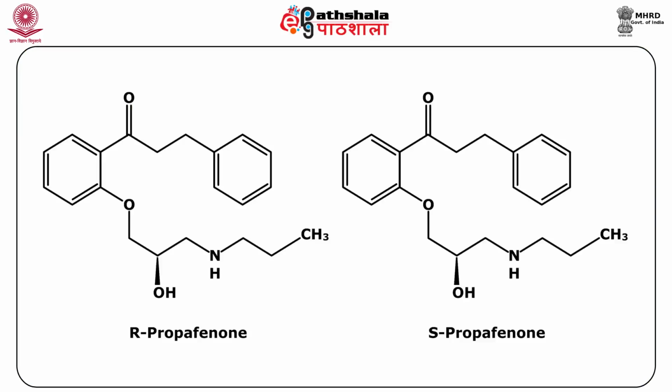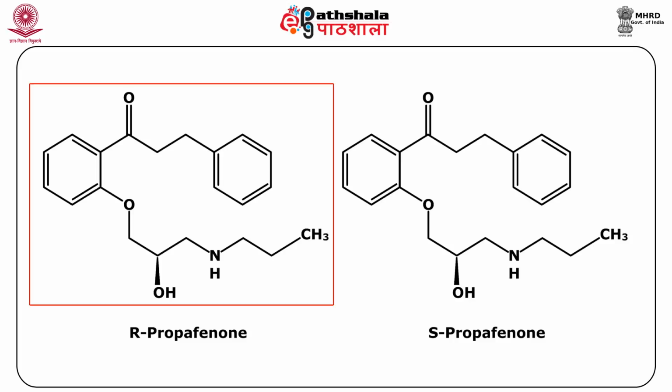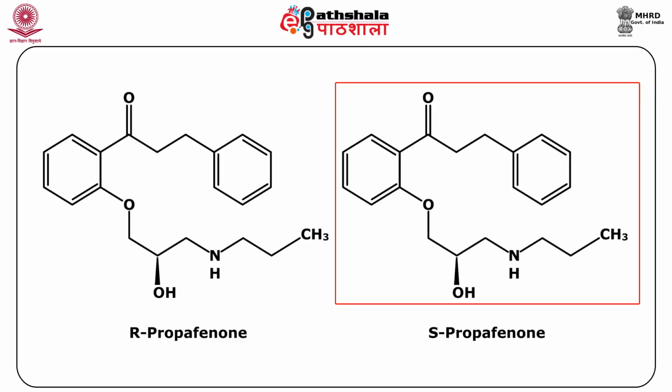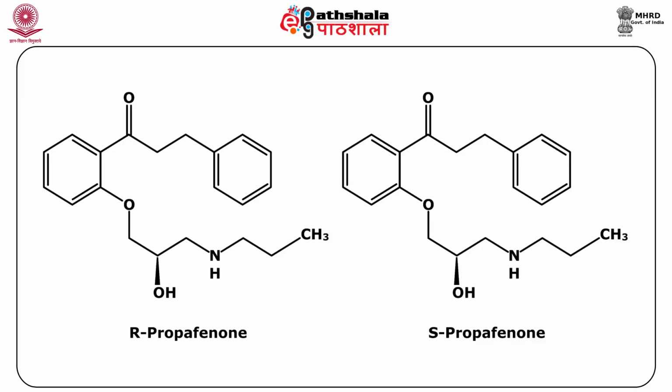In another interesting example, the interaction of propafenone with respect to 5-hydroxylation is stereoselective in nature. It has been studied and found that R-propafenone is a more potent inhibitor than its S enantiomer with respect to cytochrome P450 2D6 mediated 5-hydroxylation, and these are the two enantiomers of propafenone, the R and S, with the structures as you can see here.